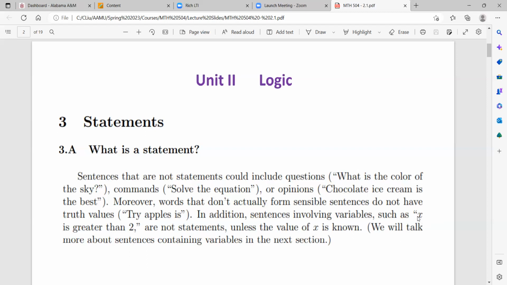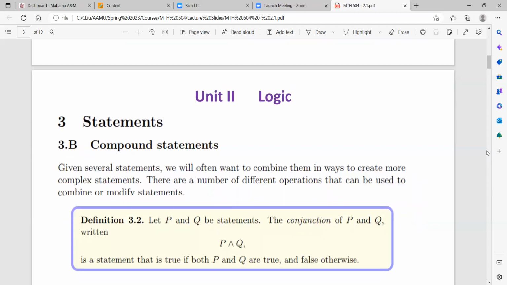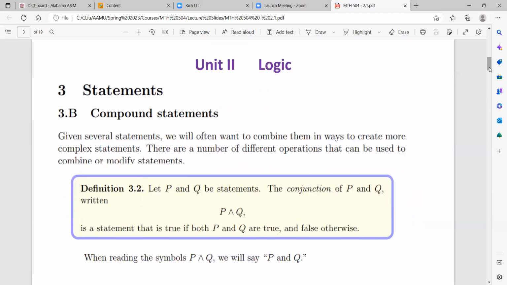Then you can say it is a statement. But if you just say it generally, it's not a statement. It's vague. All right. Any questions about the definition of statement? If not, then let's go to the next topic.